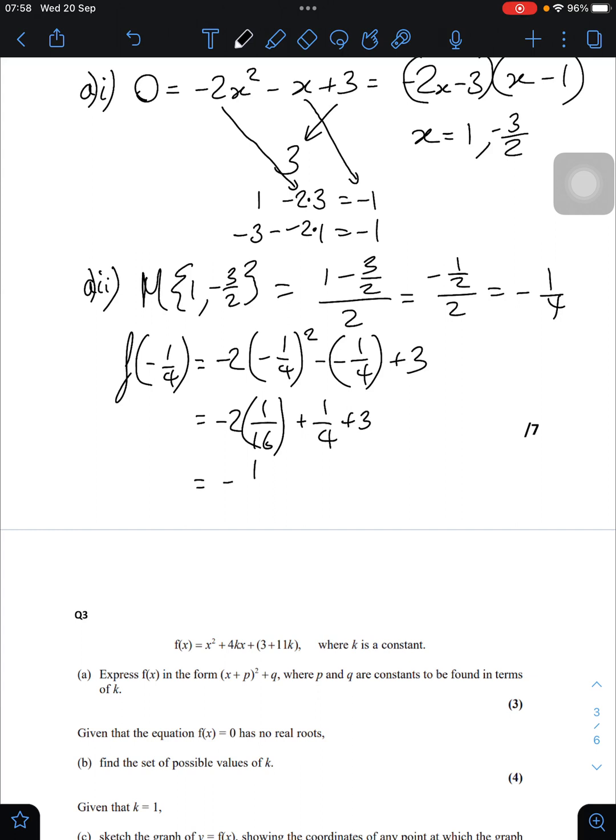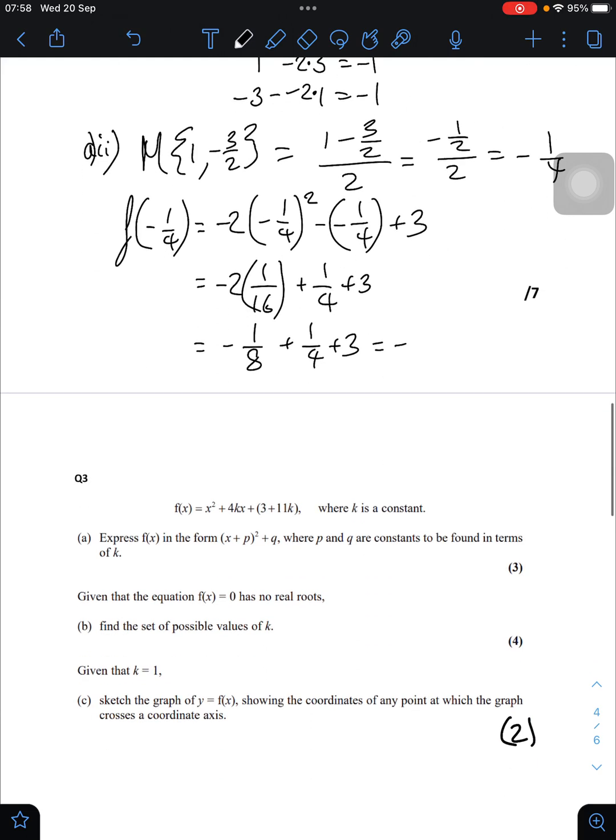So therefore we get minus 1 over 8 plus 1 over 4 plus 3. Let's put them all over a common denominator. 1 over 8, 2 over 8, 3 times 8 is 24 over 8. And so what we'd really get here is 25 over 8.